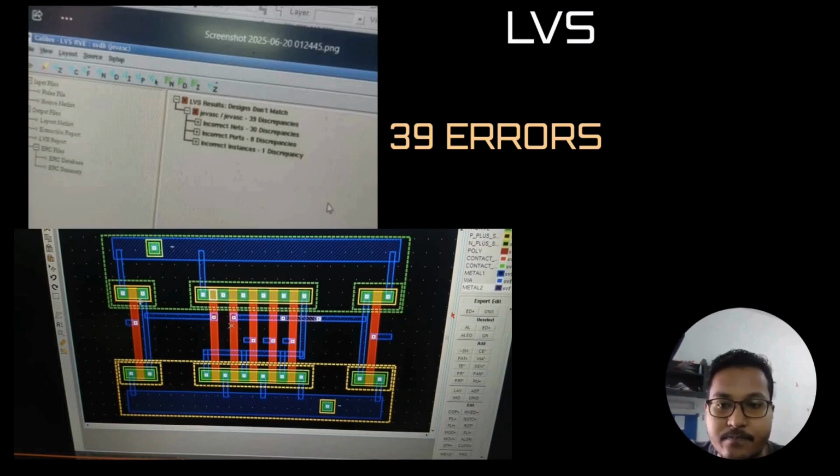But unfortunately, we couldn't resolve those 39 errors. Those errors are mainly because when we violated LVS, it couldn't identify the nets and ports as well. We tried our best to resolve this issue, but unfortunately we cannot resolve these 39 errors.